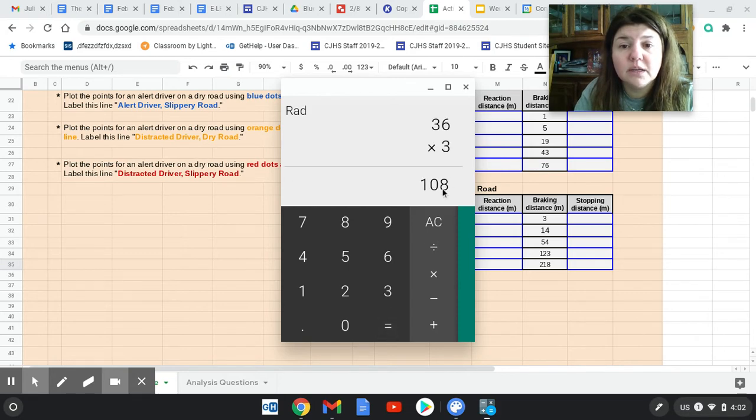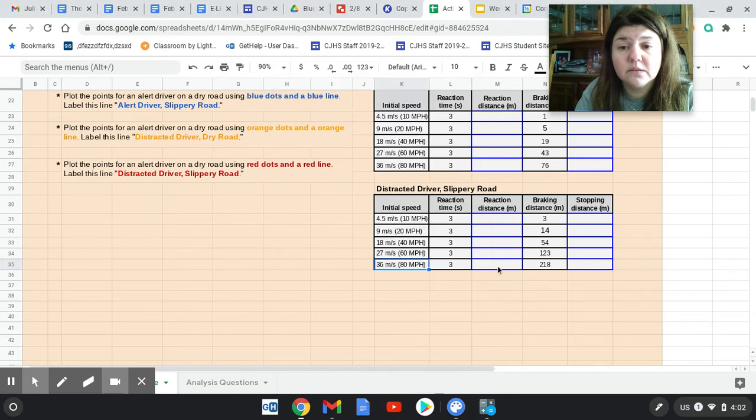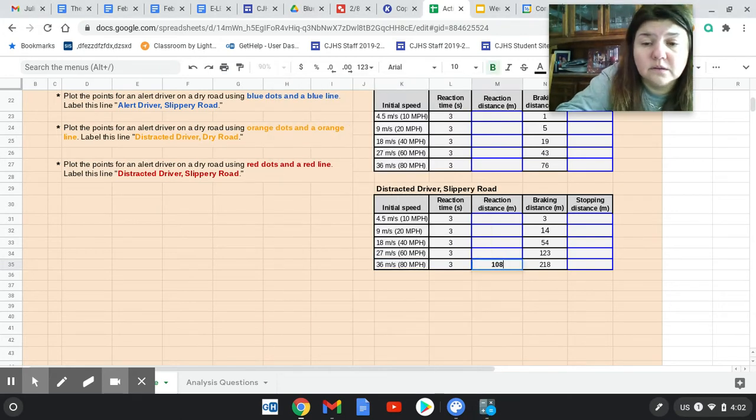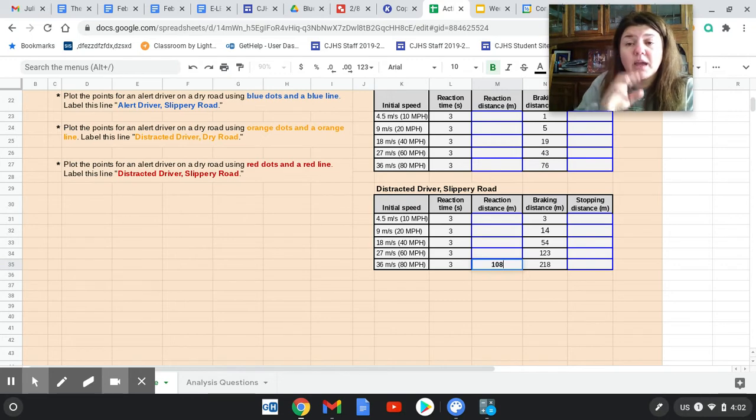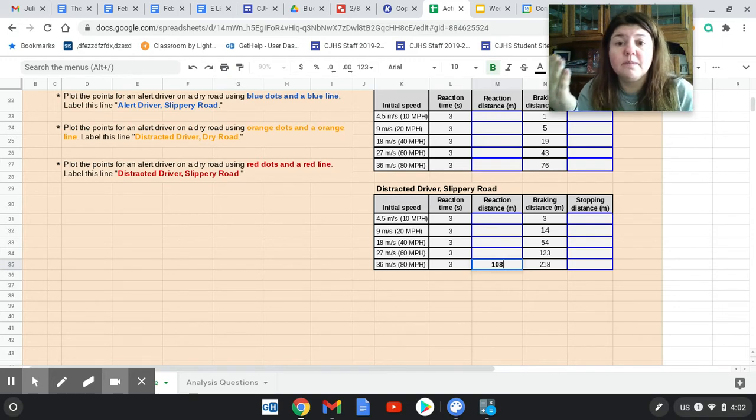That is going to be a total of 108 meters. So by the time the distracted driver sees a deer pop out, it will take them 3 seconds. And in that 3 seconds, they're going to travel 108 meters before they hit the brakes.